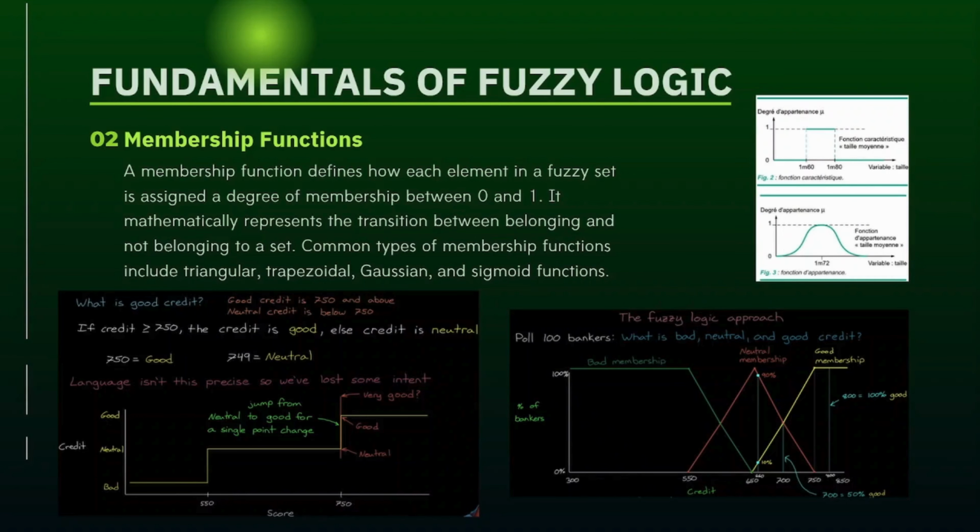In a crisp set or in a binary system, the conditions say that if the credit is greater than 750, then the credit is good. If it's below that, then it's neutral. You can see the problem, like we said with the height. A credit of 750 is classified as good, but 749 is neutral. It directly comes out of the set because it's crisp.